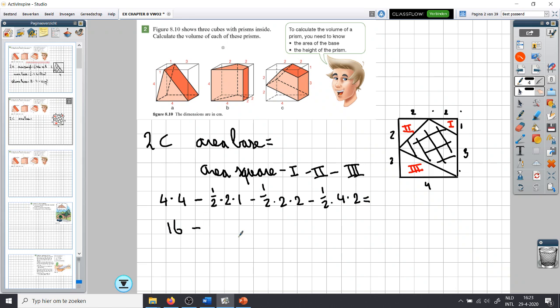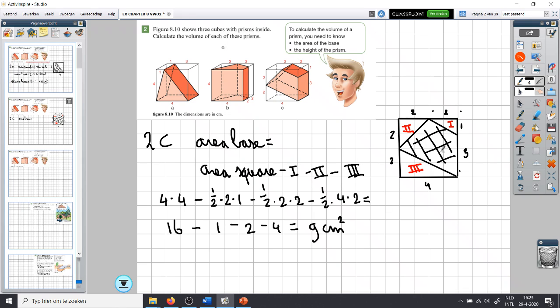Or you could say it's 16 minus 1, a half times 2 is 1, 1 times 1 is 1, minus 2, half times 2 is 1, 1 times 2 is 2, minus a half times 4 is 2, 2 times 2 is 4, which will give me a total area of 9 square centimeter.